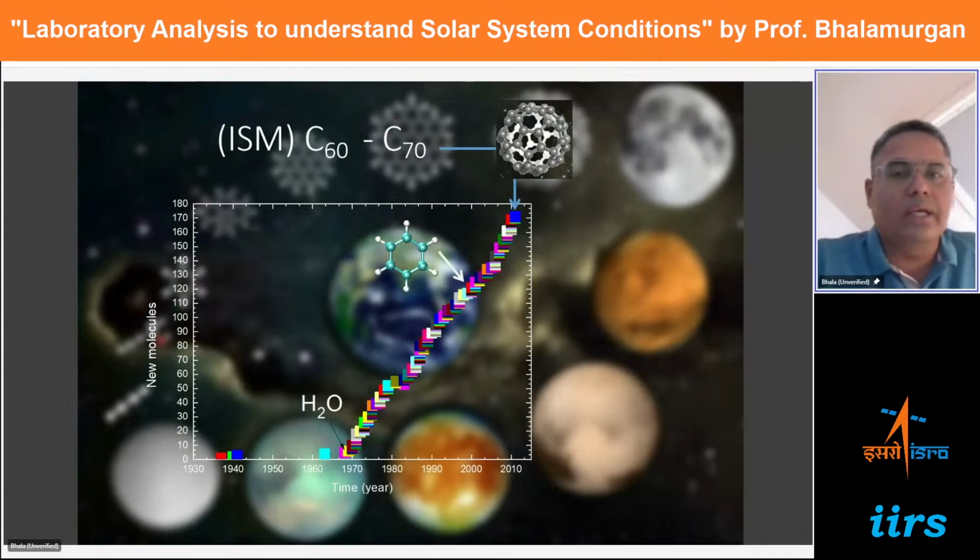In this plot, we have shown you that around the year 2010, the largest molecule in the ISM, to date, is C70, which is a form of fullerene. I've marked benzene here because you need benzene to make this.